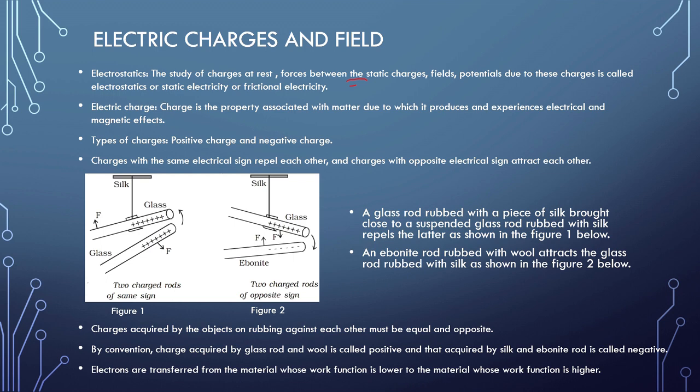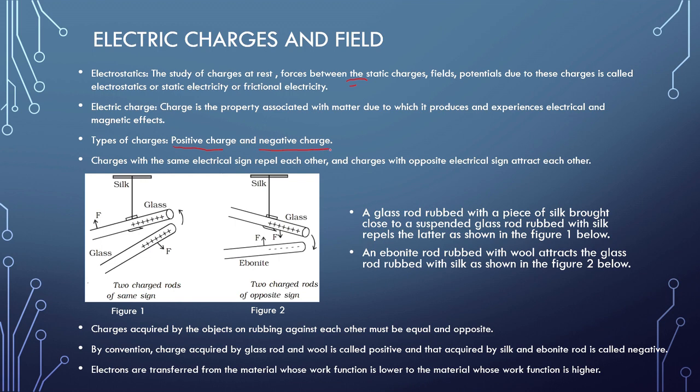Charge is the property associated with matter due to which it produces and experiences electrical and magnetic effects. So it is the property associated with matter due to which it produces electric effects as well as magnetic effects.